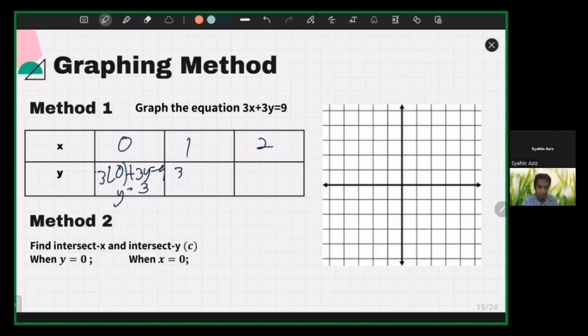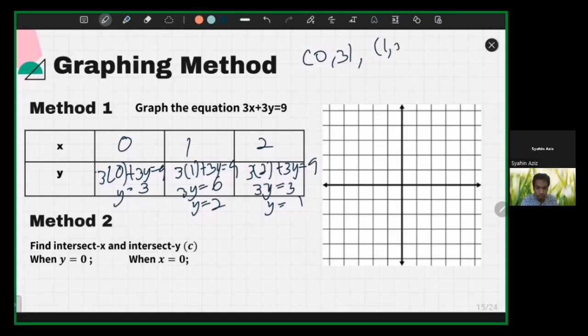And 3(1) + 3y = 9, we get 3y = 6, and y = 2. And 3(2) + 3y = 9, and we get 3y = 3, and y = 1.